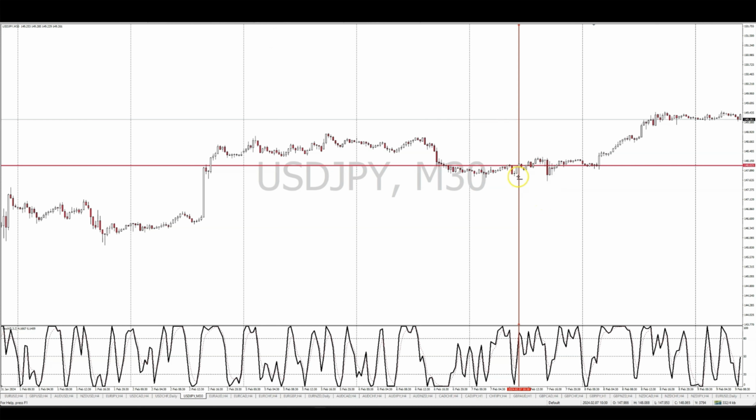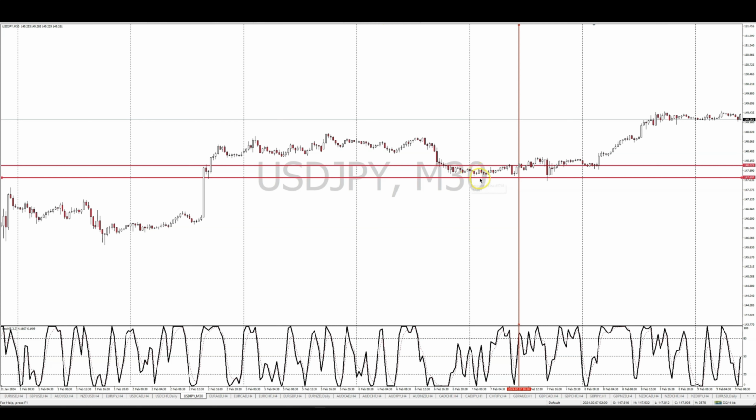Here's our level right here. Our level would have been here. We don't know that this is going to happen, guys. But here is our level to go short. So let's go up 1 hour and find the true level.